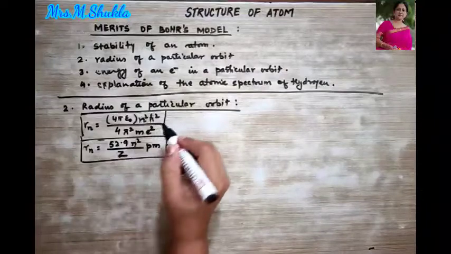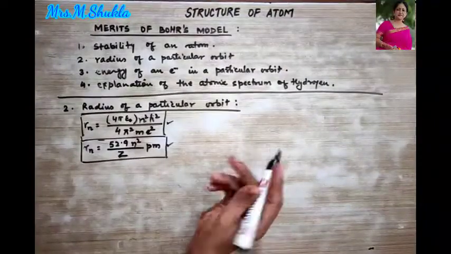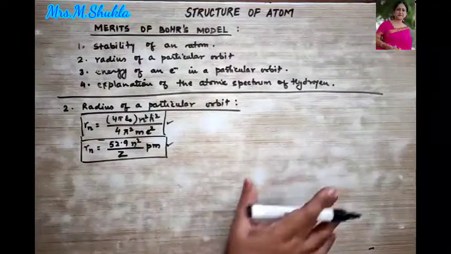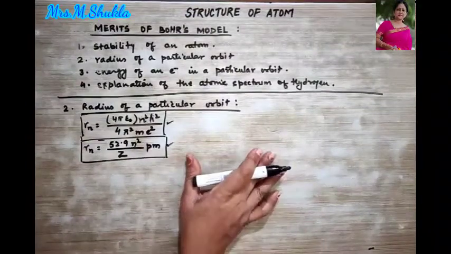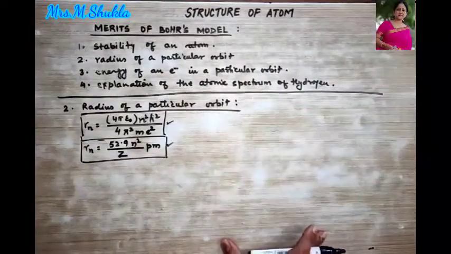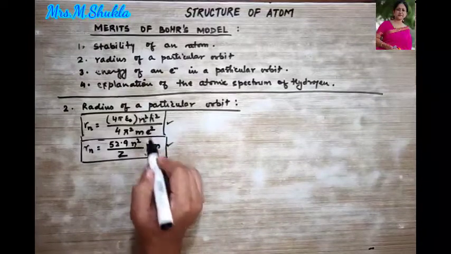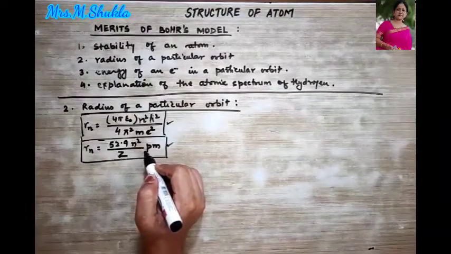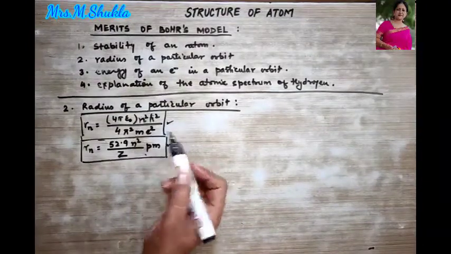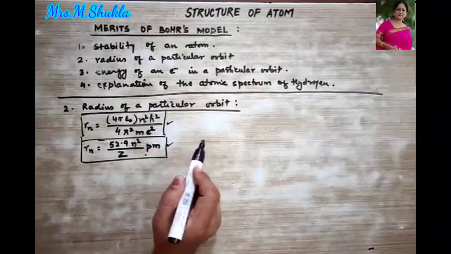Now how do we get this formula and how do we get this value is what I'm going to explain to you in detail. So try to understand, though all that is not necessary to be learned. This is what you have to learn, this is what you have to use in your calculations, in your numericals. But how do we get all this? Straight away if I give it to you, you will not be able to understand.